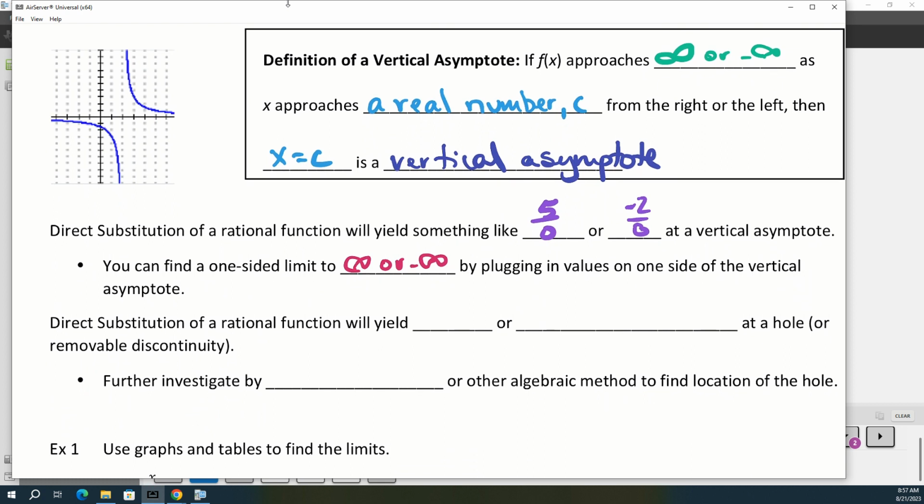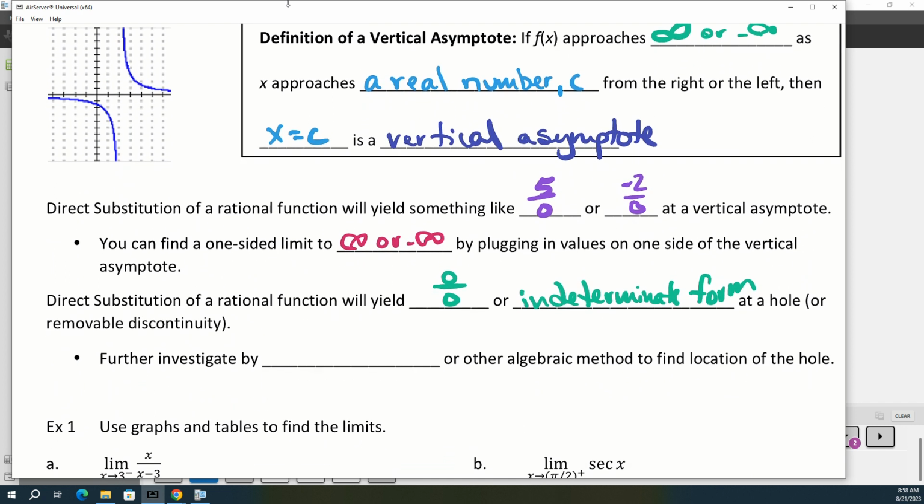Direct substitution of a rational function will yield 0 over 0, or indeterminate form, at a hole or removable discontinuity. And what we're going to do is further investigate by factoring or other algebraic method to find the location of the hole. We're not going to do that very much today, but that's just a review of what you should do.